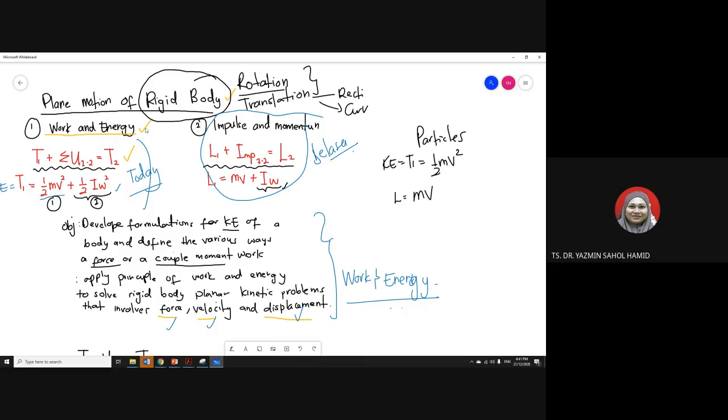Now, who here knows the difference between work energy and impulse? For work energy, we focus on work, which can only happen due to displacement, right? So work energy must have displacement. We want to solve for displacement. But for impulse and momentum, there is no displacement. What does it have? Who can tell me the answer? Mr. Zaki? Time.